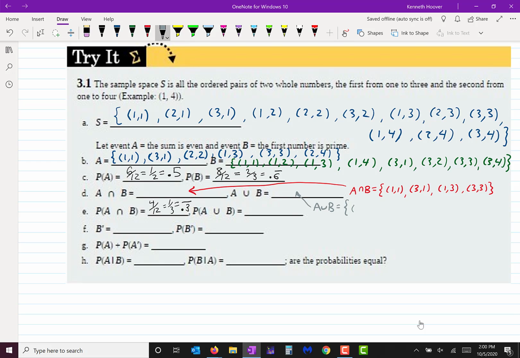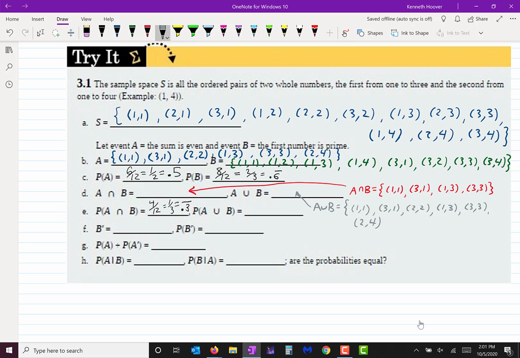First, I'm just going to look at what's in A. There's 1, 1. There's 3, 1. There's 2, 2. And 1, 3. And 3, 3. And 2, 4. All of those are from A.